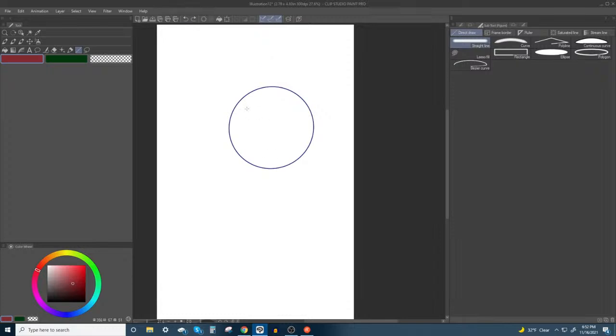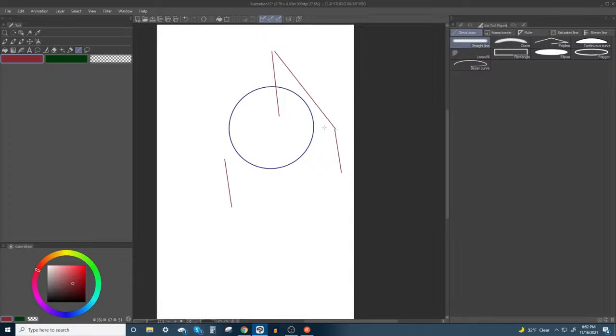Because if I were to draw this again like this, and like this, the lines are letting you know. If I were to draw this with just lines like this, it doesn't give you a sense of anything, I don't think.